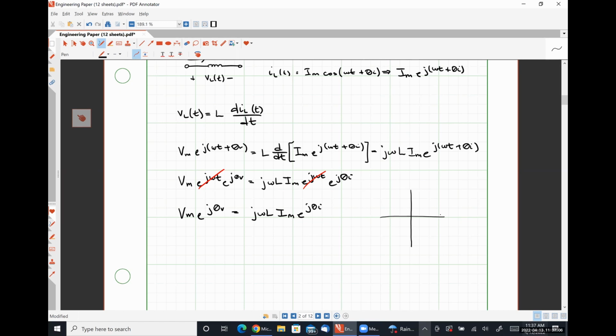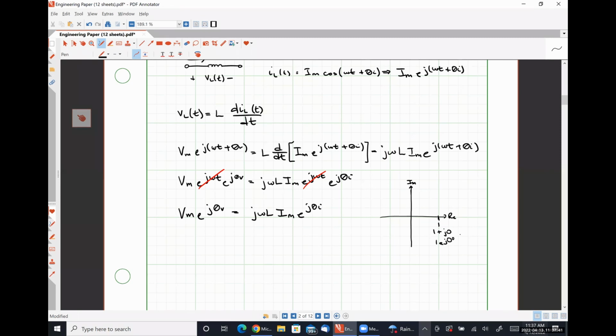If we went out 1 unit in the real direction, we can simply call this 1, which is the same as 1 plus j0, or 1e to the j 0 degrees, or 1 angle 0 degrees if we chose to go that route as well.